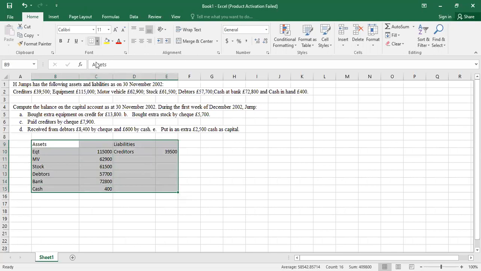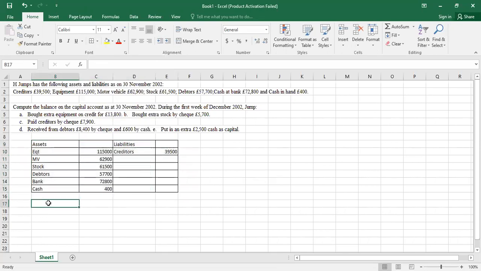Who can help us get the value of capital? You remember our equation: assets equals liabilities plus capital. Can we make capital the subject of the formula? So our capital will be equal to assets minus liabilities, isn't it? So we can get these totals.